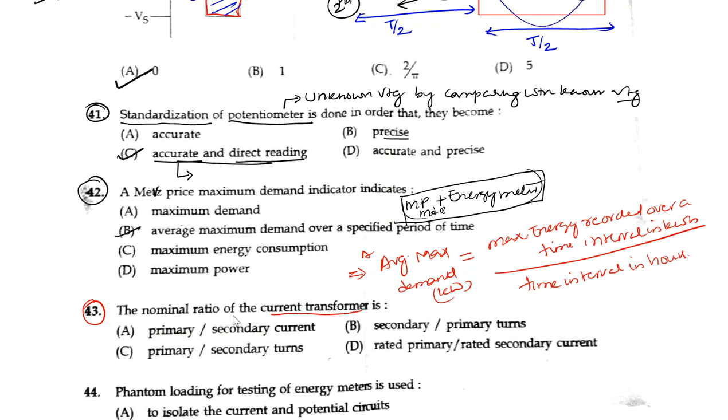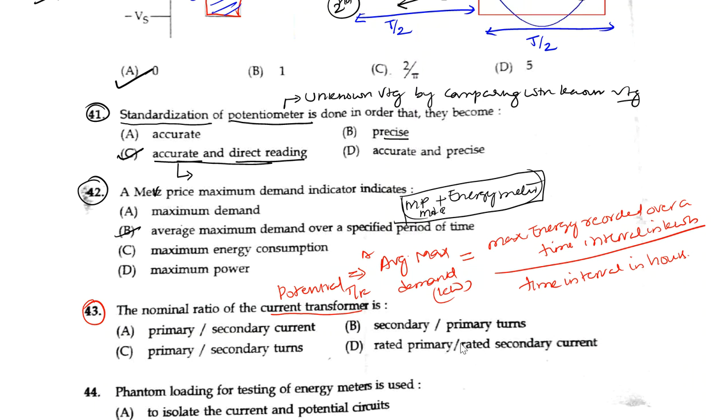Suppose they ask the nominal ratio of a voltage transformer, otherwise you can call it a potential transformer. Then you can say that it is the rated primary voltage divided by the rated secondary voltage here.